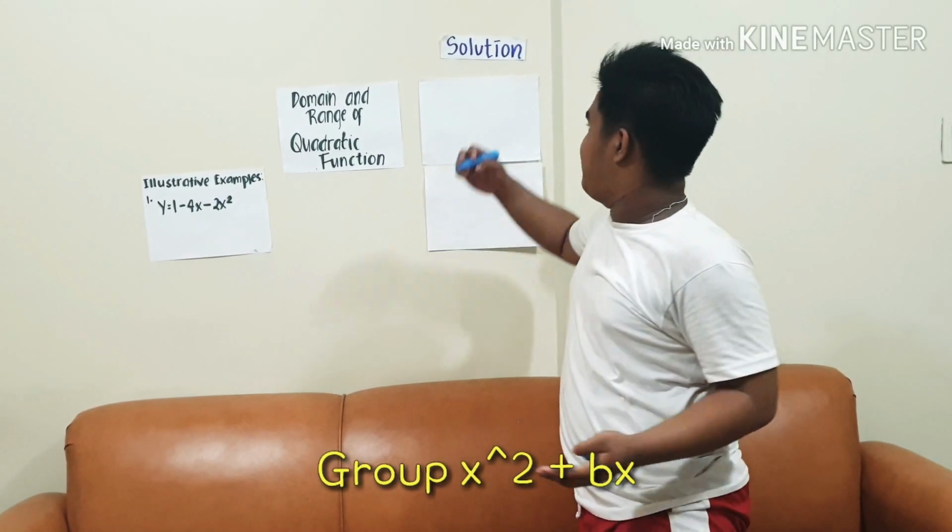Before getting the range, let us transform the quadratic function into a vertex form. Group x squared plus bx.